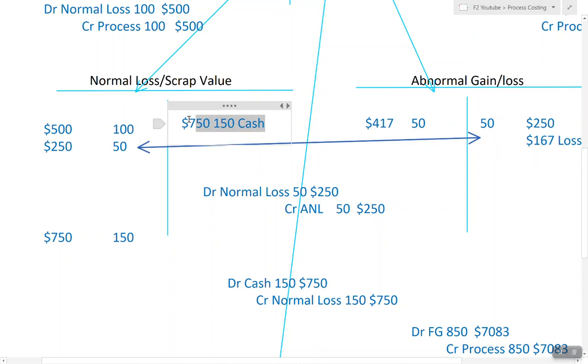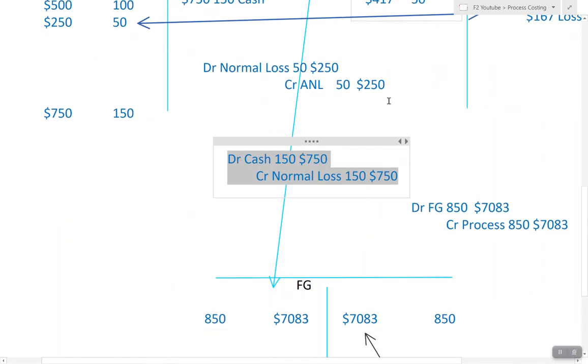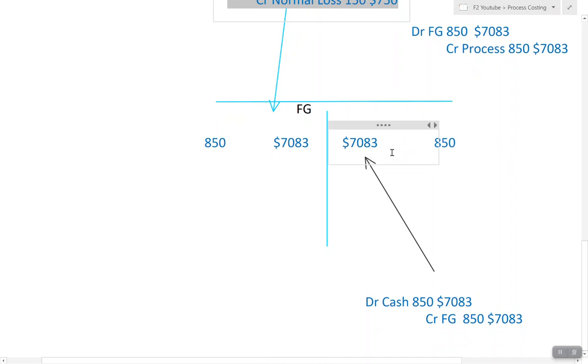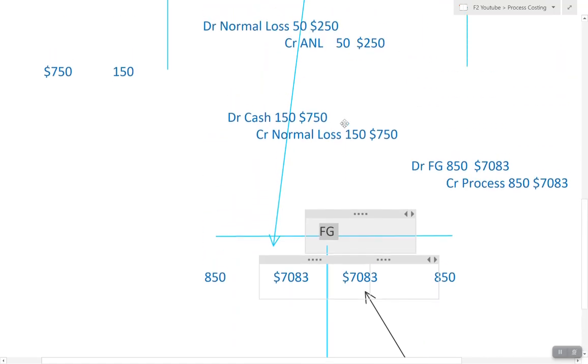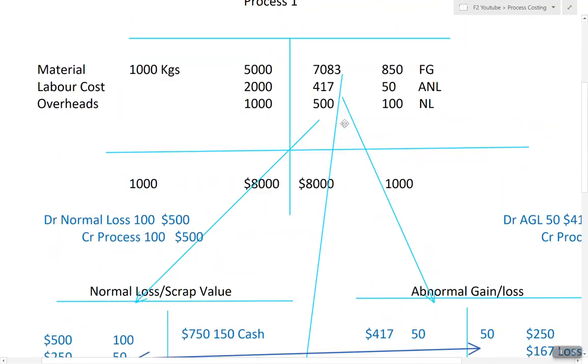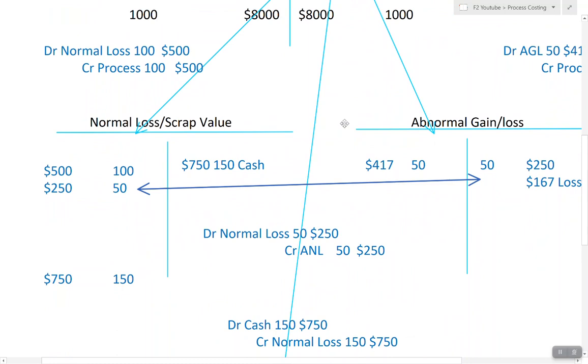And whenever the 150 units are sold, we will credit normal loss and debit cash, like I've shown here. And then when finished goods are sold, we will debit cash and credit finished goods inventory. So you don't have to memorize these transactions.